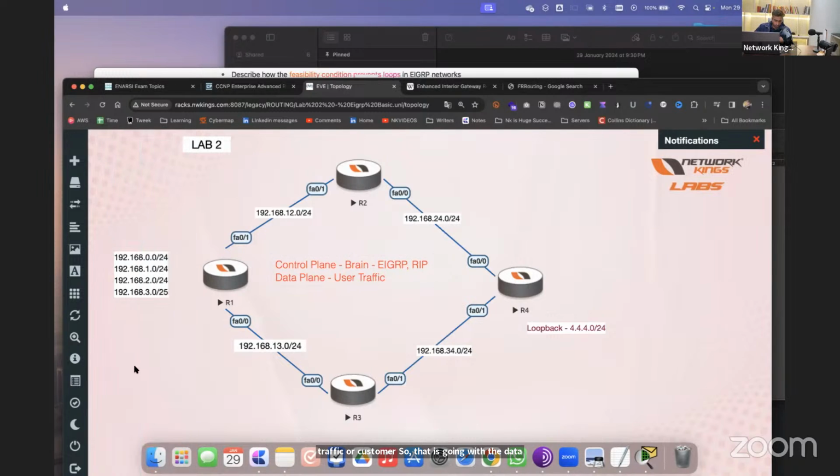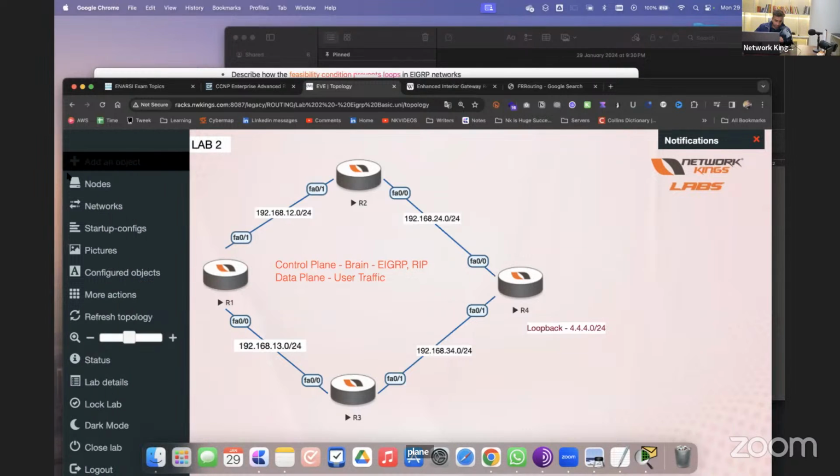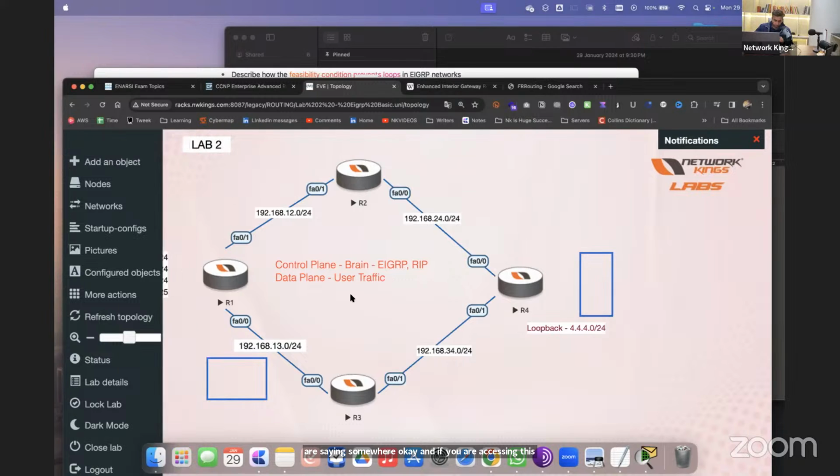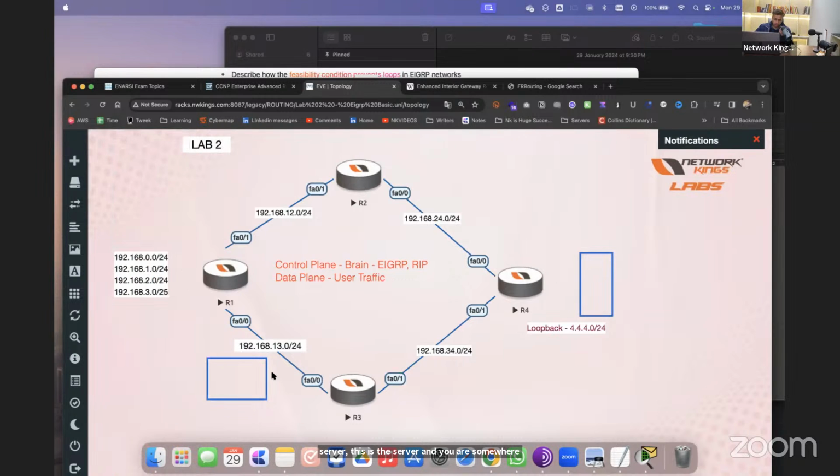Simple. Write all your information down. If you are sitting somewhere here, and you are accessing this server, then from your computer to the server, routers are also processing your traffic, whether you are watching YouTube or whatever.